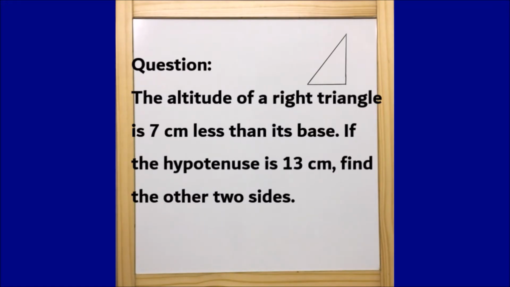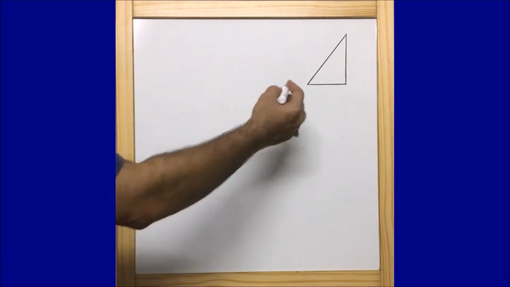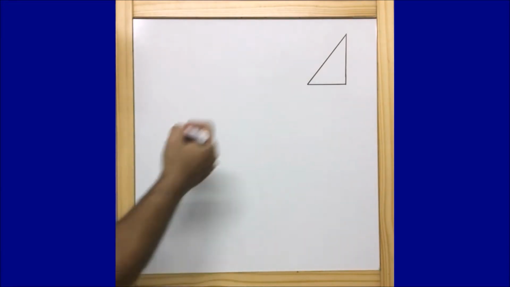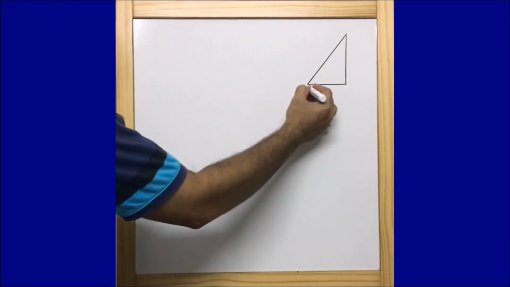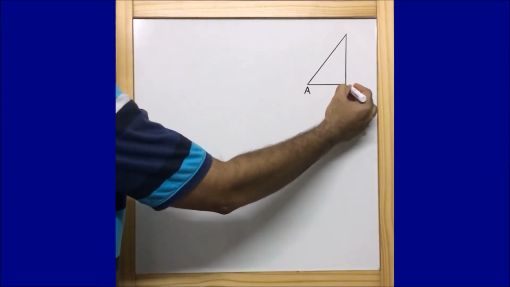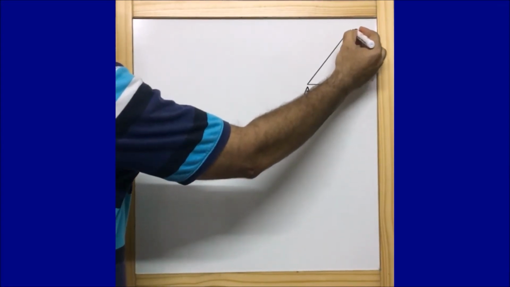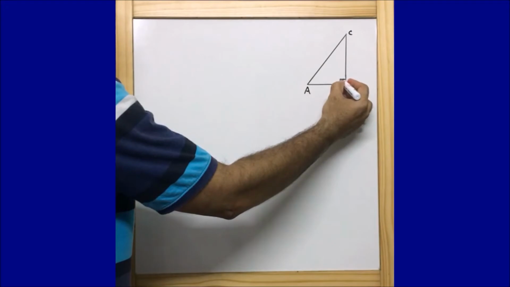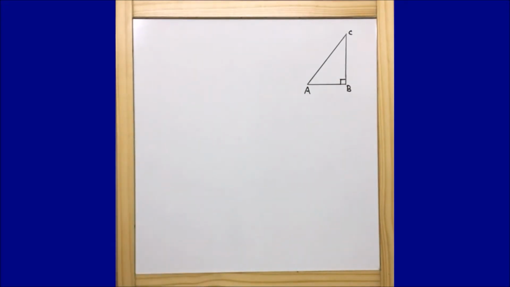Okay, so now I have drawn a right angle triangle here, and let me name the triangle A, B and C. So guys, this is a right angle triangle, and as per the question the altitude is 7 cm less than its base.